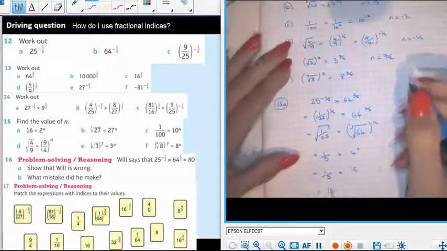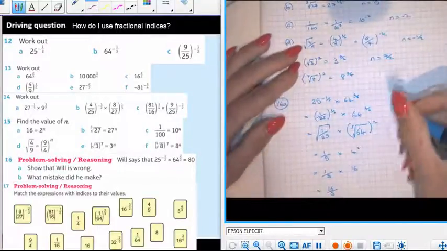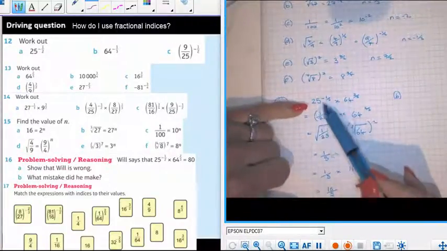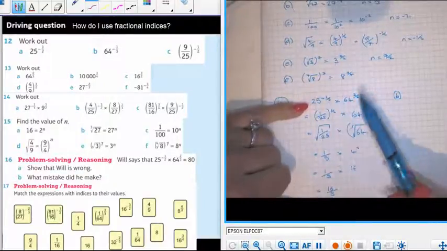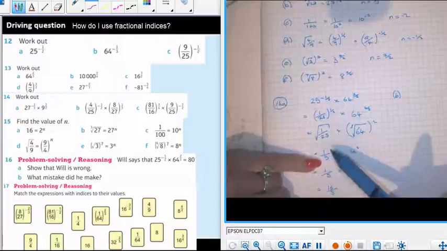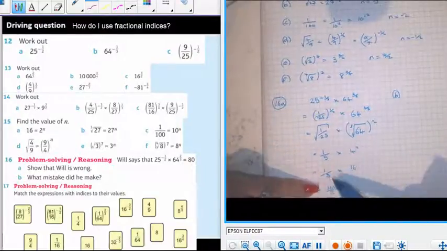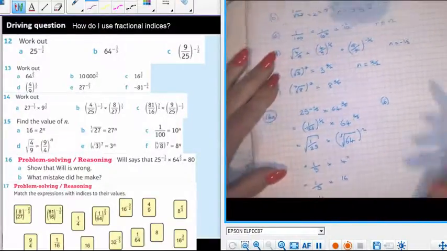What mistake did he make? I think that he forgot to do the reciprocal here. So I think he just found the square root of 25, which is 5, and he multiplied 5 by 16, which would give 80.